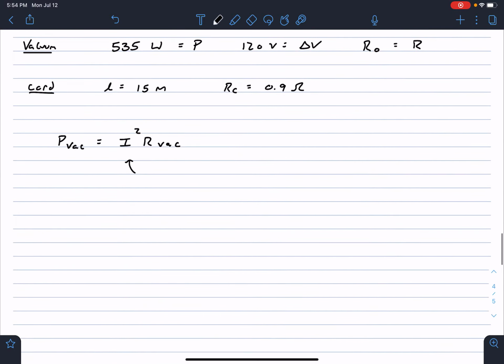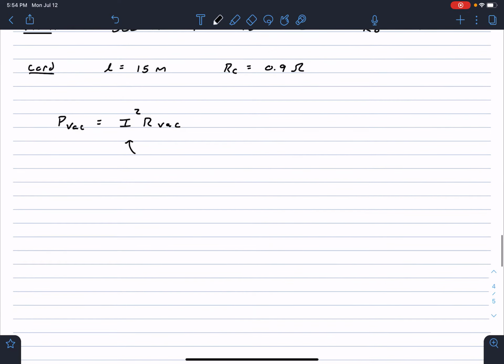So what we're going to need to figure out, because if we recall that current is defined in terms of delta V over R. It's also, yep, that's actually what we want.